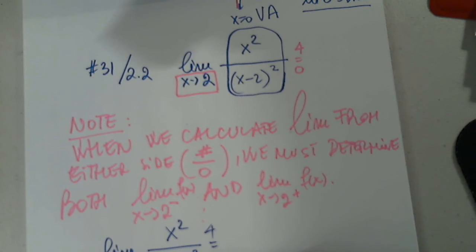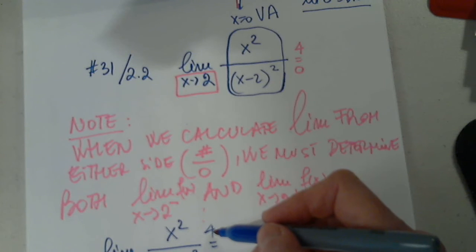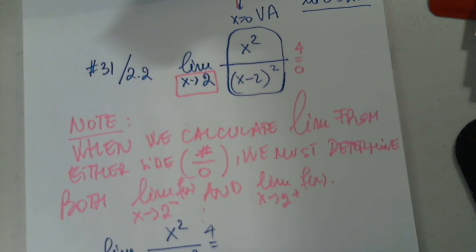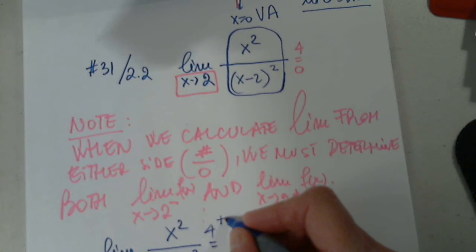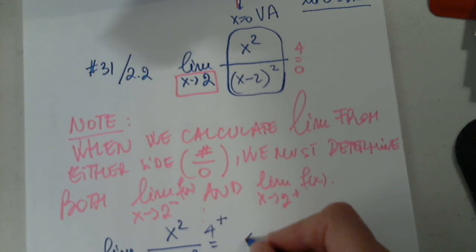I'm replacing it with 1.9, because of this symbol, I have to be from the left of 2. The numerator is still close to 4. But now the denominator is 1.9 minus 2, which is a negative number. I square that number. So the numerator is positive, the denominator is positive. I know the answer is infinity.